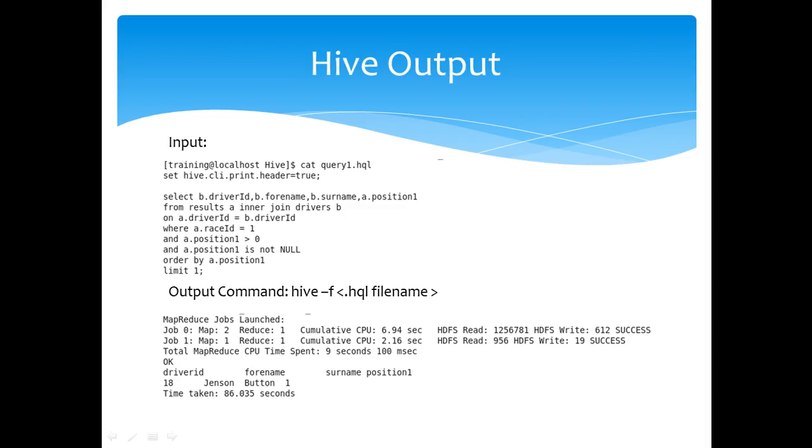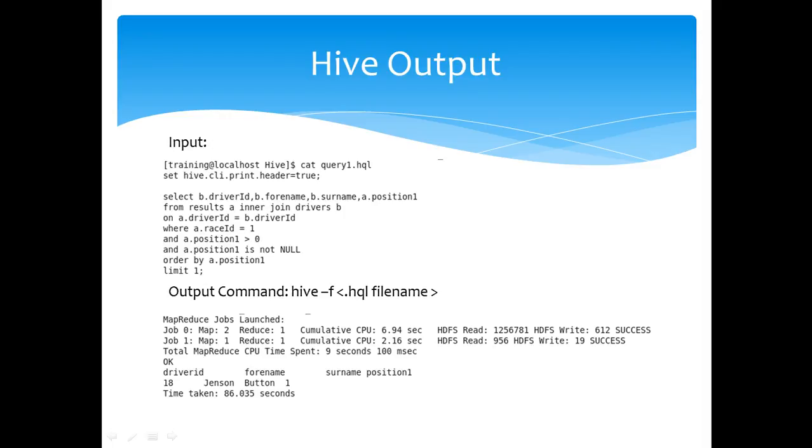This is the Hive code. Here is the input value given to Hive. It's a select statement: from the driver ID, forename and surname, we need to get all these parameters.